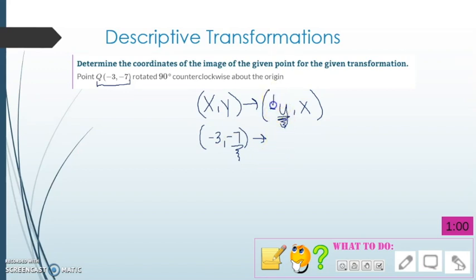But I need to change the sign. So since it was negative 7, it needs to become positive 7. Then my x value, right here, is represented by negative 3. So I just stick that at the end. And that's my new coordinate point.